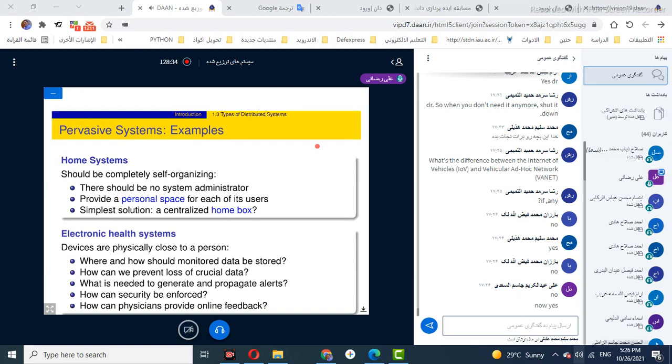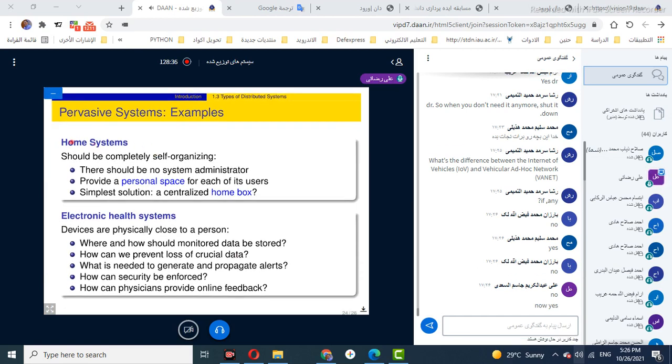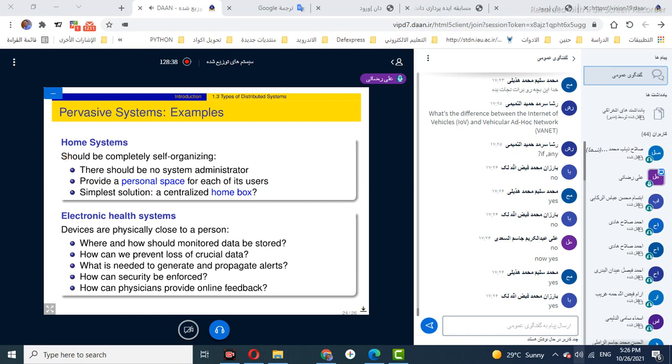Okay. Please read the first paragraph. Read this paragraph and think about it.